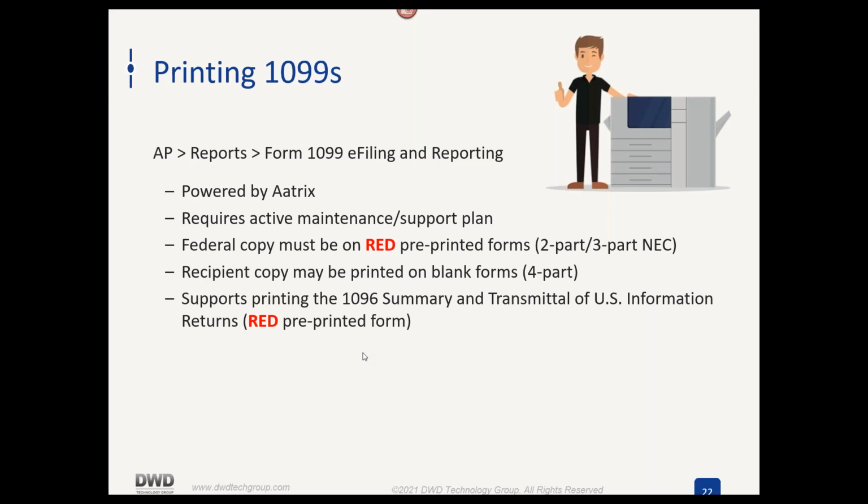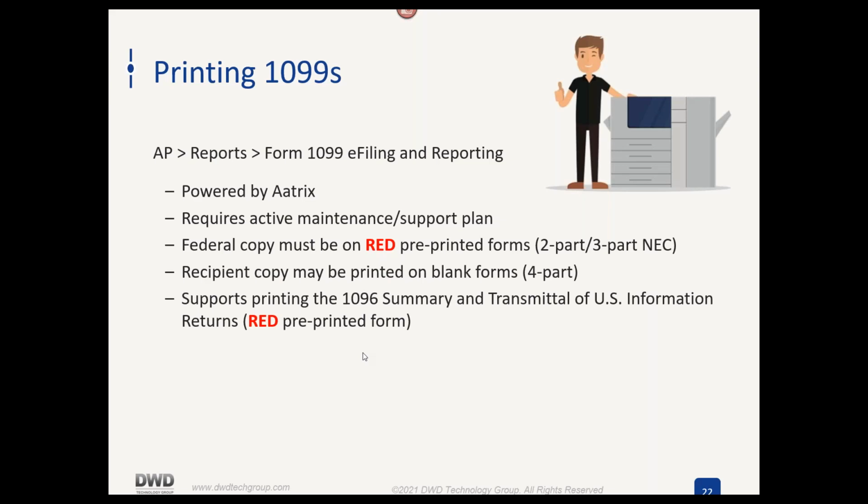So as we've discussed, the 1099 miscellaneous and the 1099 NEC. As far as the style of the forms, if you are not e-filing, in other words, if you are mailing in those forms, you must use the red pre-printed form. The 1099 miscellaneous is still the two-part form that you have been used to.